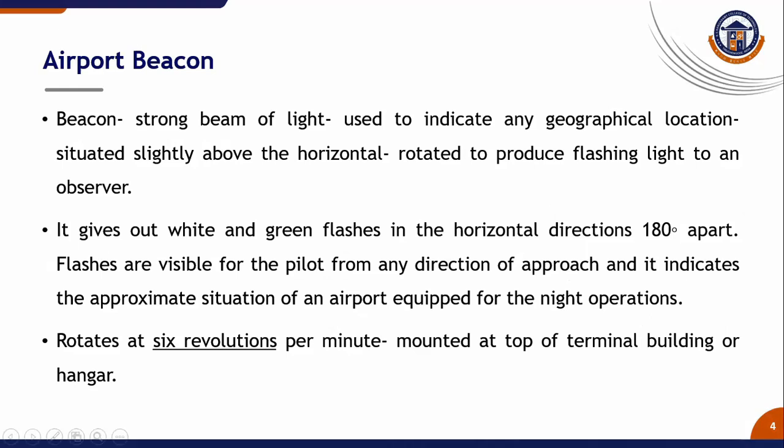It gives out white and green flashes in horizontal directions 180 degrees apart. The flashes are visible to the pilot from any direction of approach and indicate the approximate location of an airport equipped for night operations. It rotates at 6 revolutions per minute, mounted at the top of the terminal building or hangar.